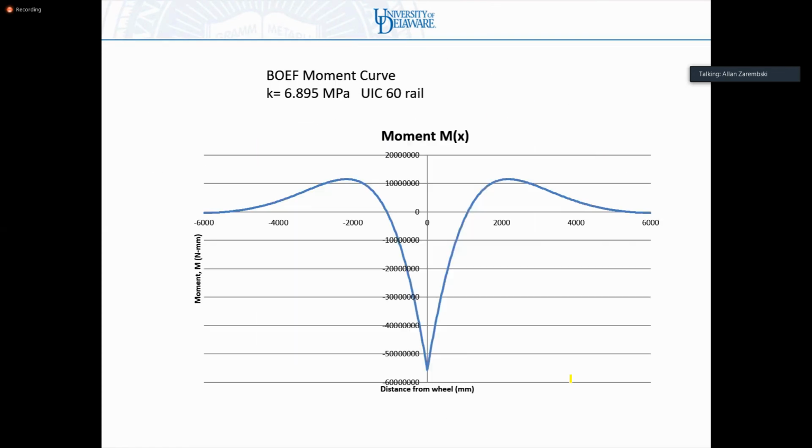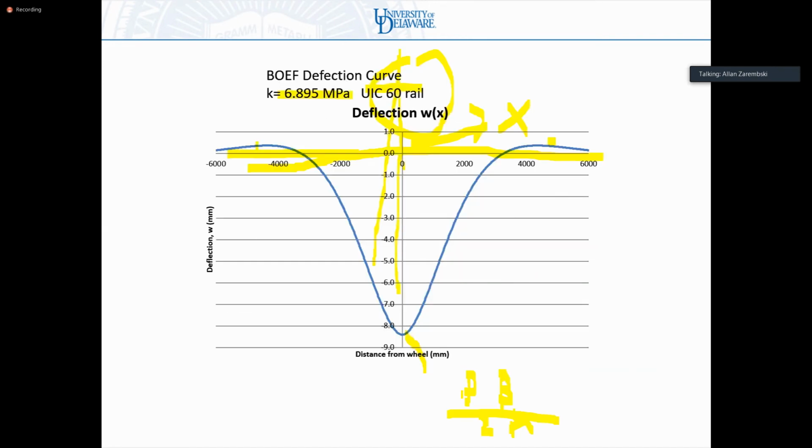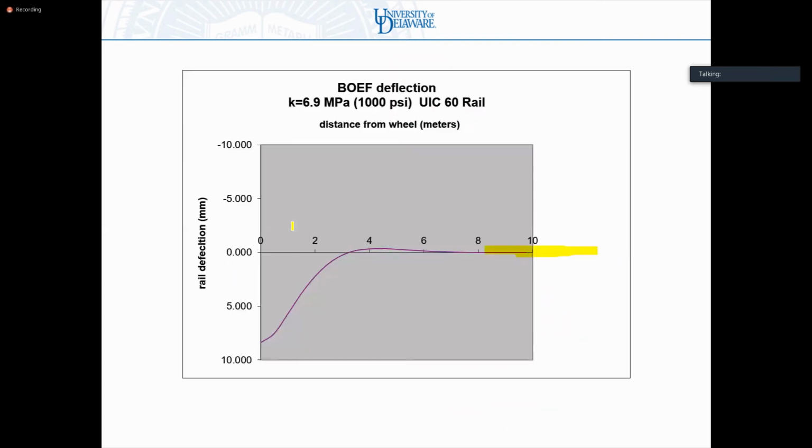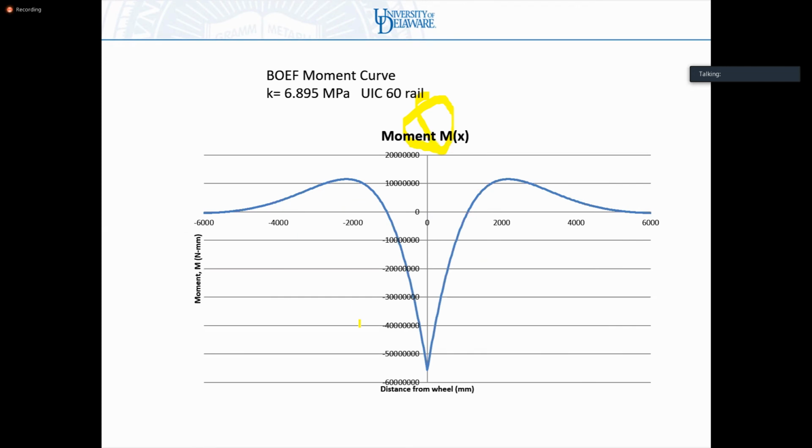Then my moment curve looks like this. Again, this is a single wheel right over here. My maximum moment occurs at x equals 0, and my maximum moment value is minus P over 4 beta, just like we talked about. So you can see the maximum moment here.